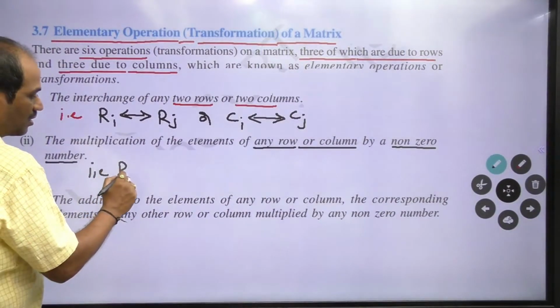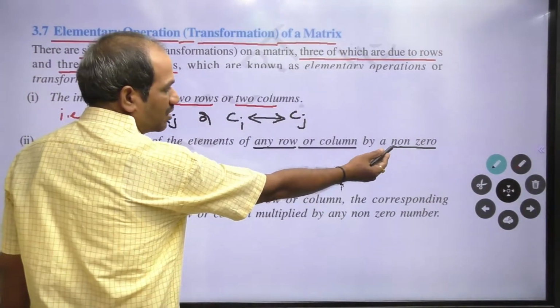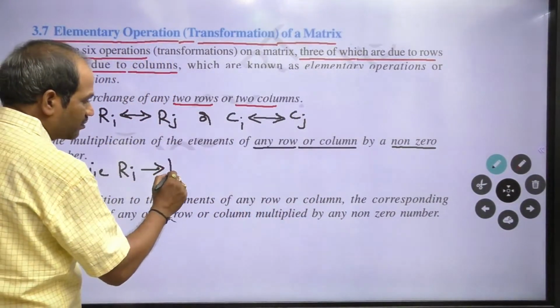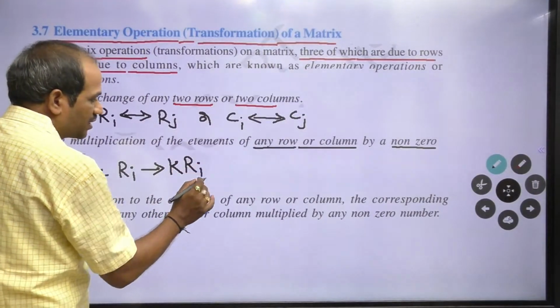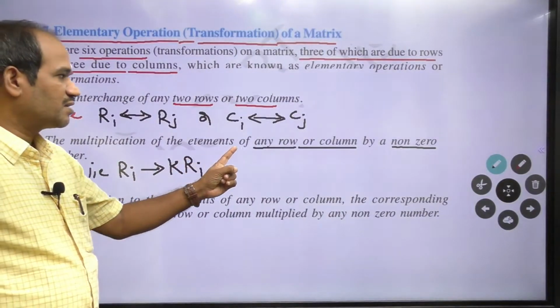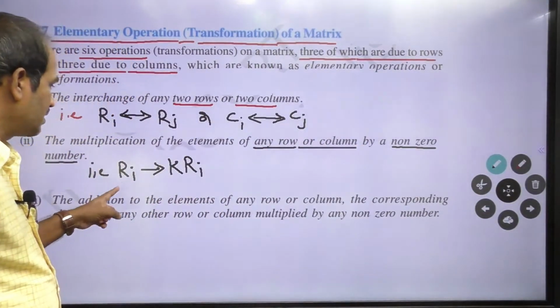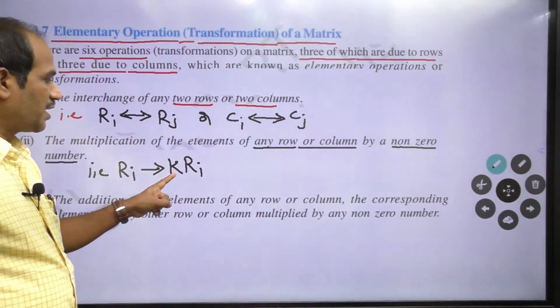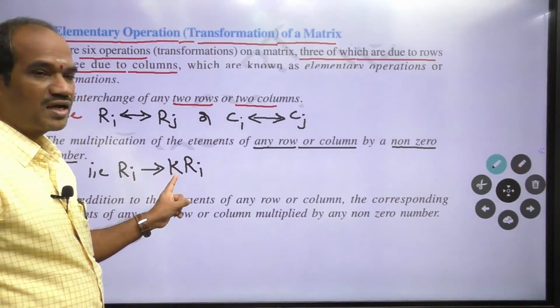Here Ri goes to k into Ri, where k is the non-zero number.